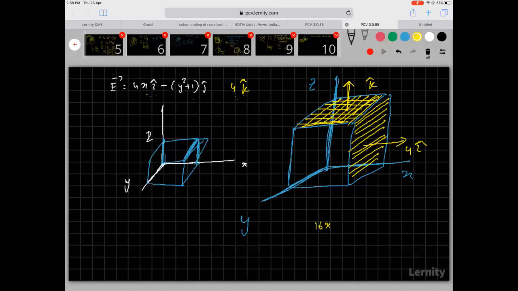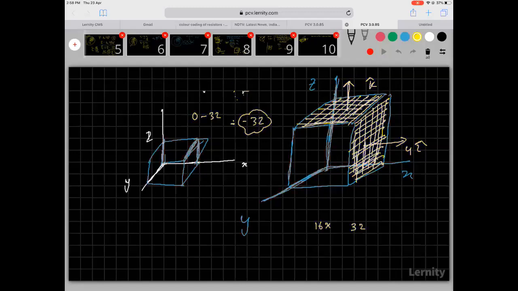I said it's a dimension 2. So 16 into 2 will give me 32. So the answer would have been 0 minus 32 SI units, that will be minus 32. So this is how you find out the electric flux, E dot dA.